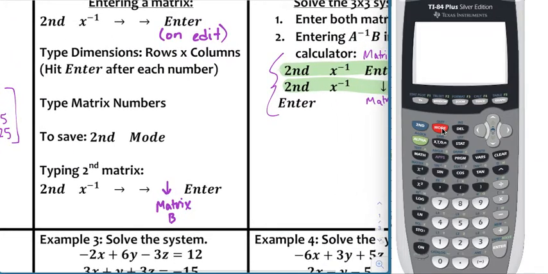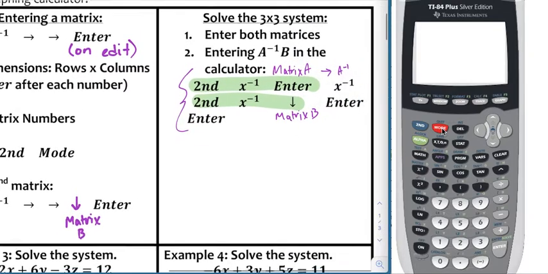So make sure you guys rewind and rewatch that if you're going, wait, how did I do that again? And you can follow along with the graphing calculator on your phone or if you have one at home.